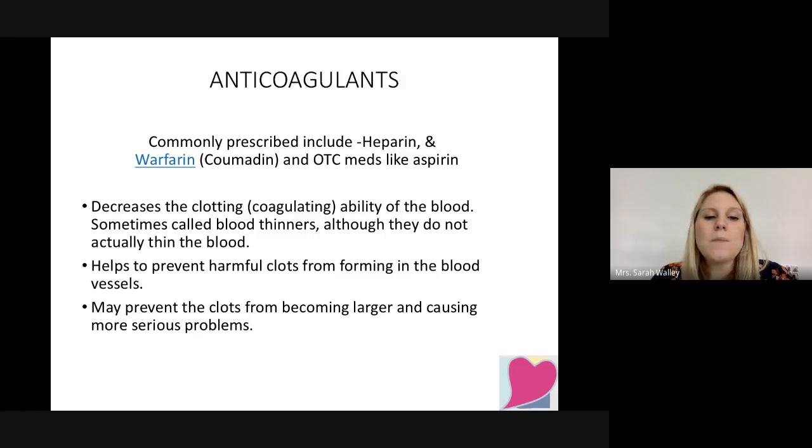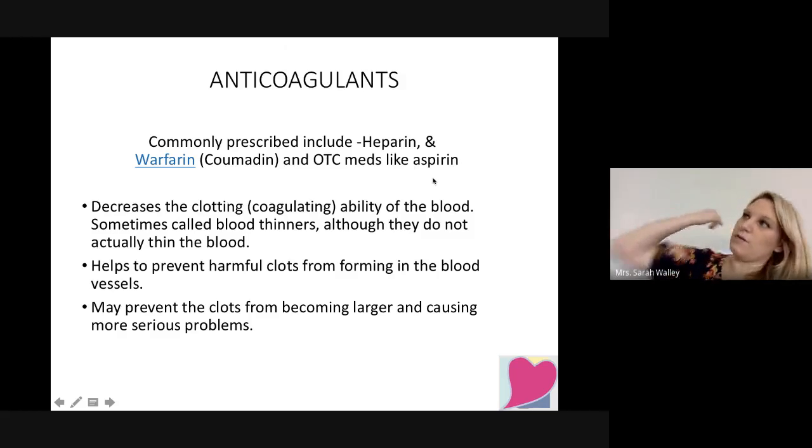And it helps prevent harmful clots from forming in the blood vessels, and may prevent clots from becoming larger and causing more serious problems. But see, there are even side effects from this.